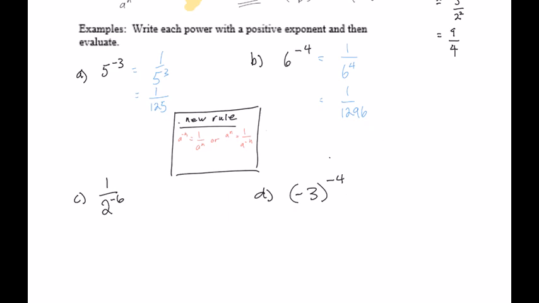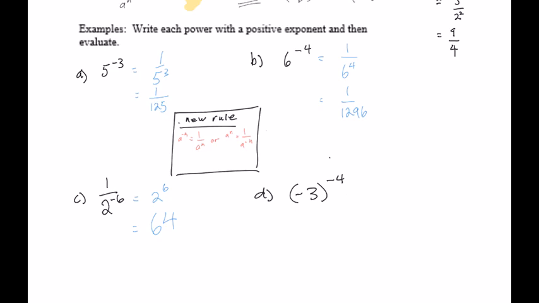This means that I can change this to 2 to the 6. Because I have a negative on the bottom, it's almost like you have a border wall. Anything that's negative on one side of the border wall, we can move it up. In this case, it's on the bottom, so we've moved it up, so now it's just a straight whole number. So now we have 2 to the 6, which is equal to 64.